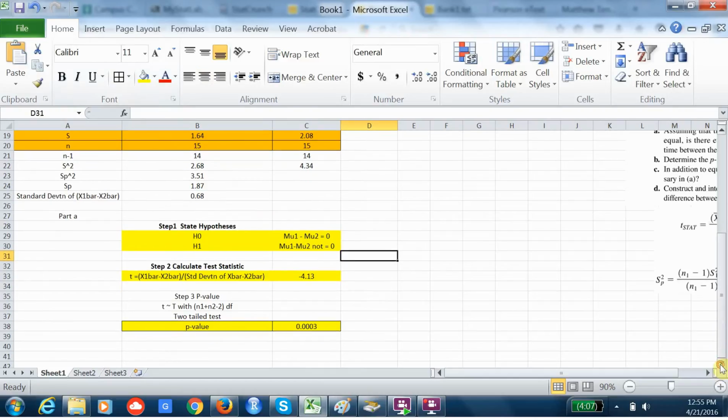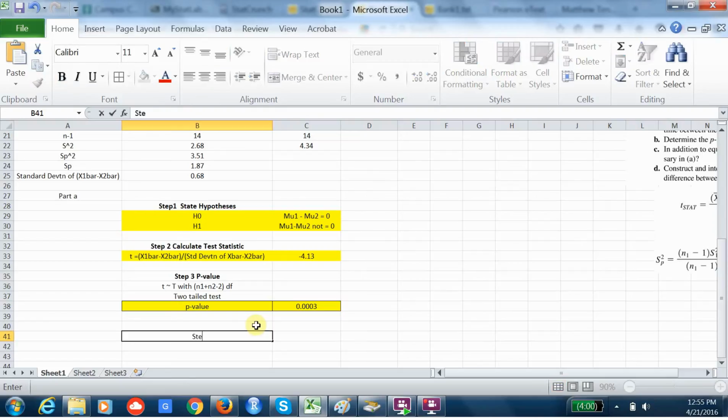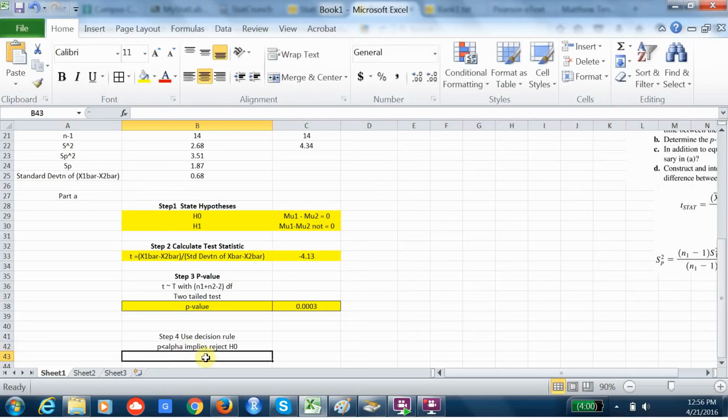Now the rest is very easy actually, because I'm going to use my decision rule, which will always be the same no matter what sort of hypothesis test we're doing. This says p less than alpha implies reject H0. So we want to ask the question, is p less than alpha?